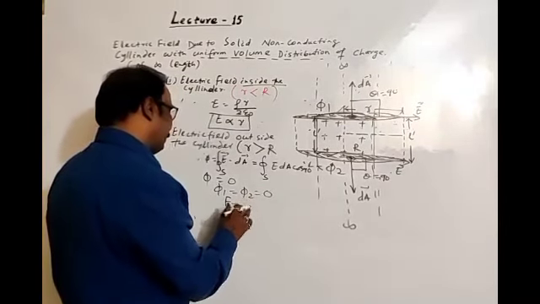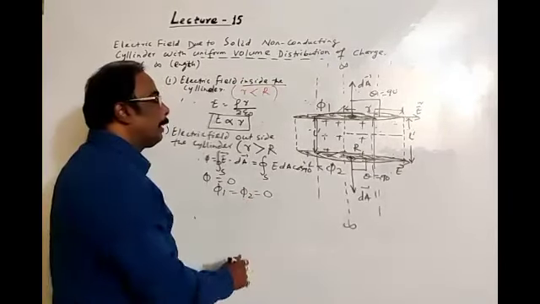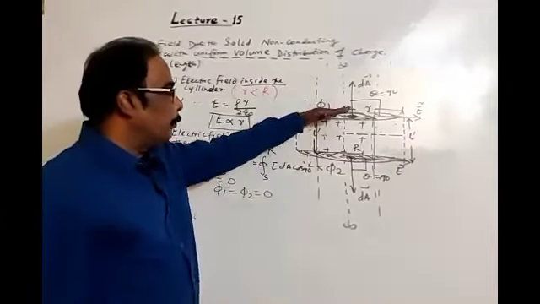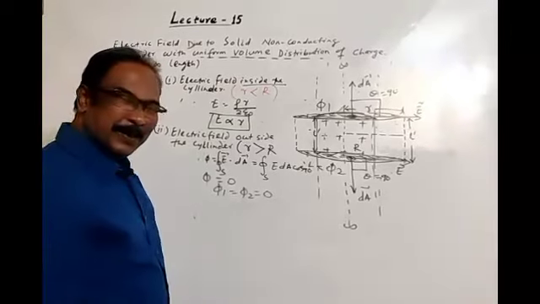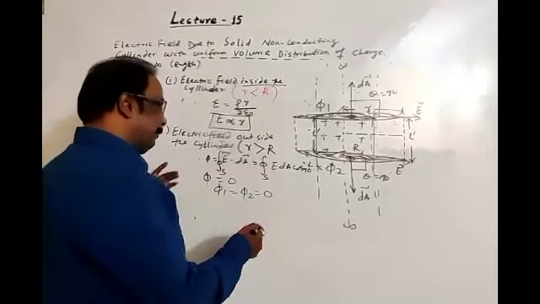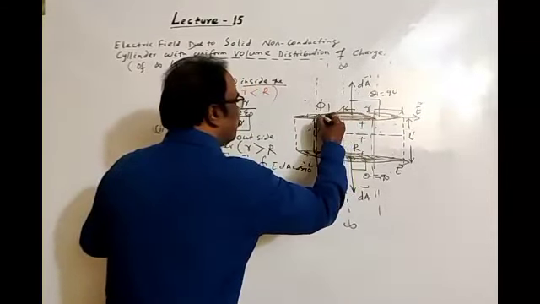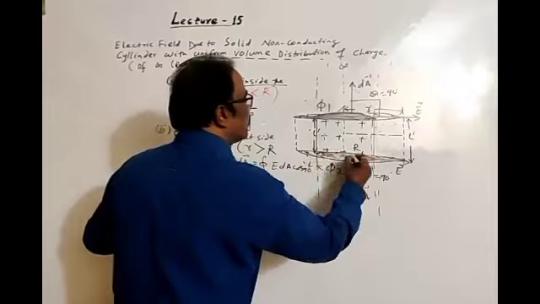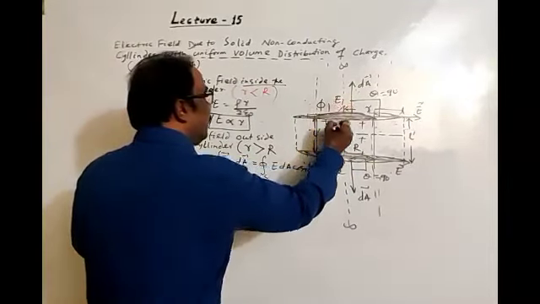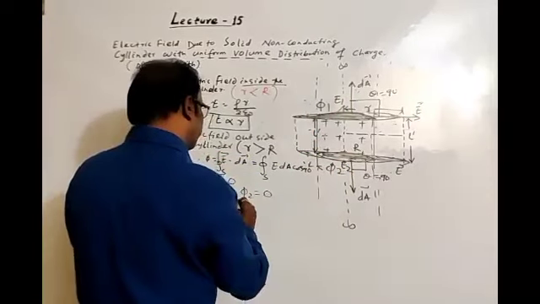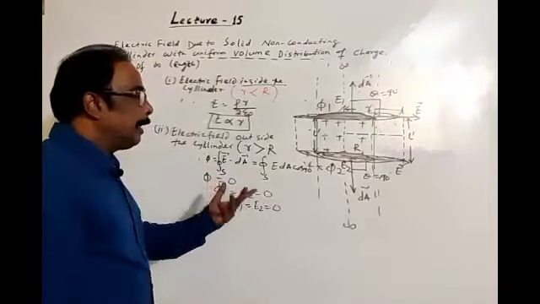Where there is no flux, there is no electric field on the surface. So if you take the electric field E1 on one surface and E2 on the other, then E1 is equal to E2 is equal to 0.